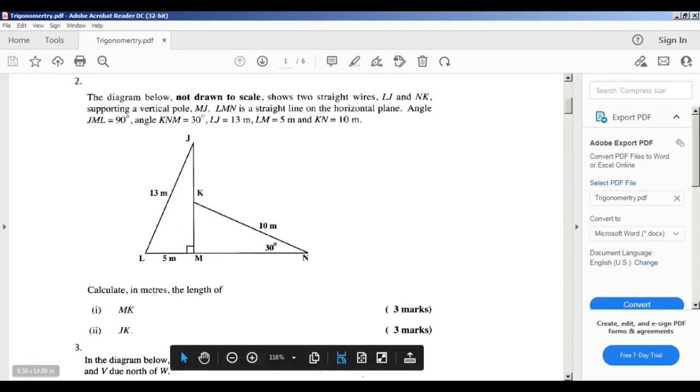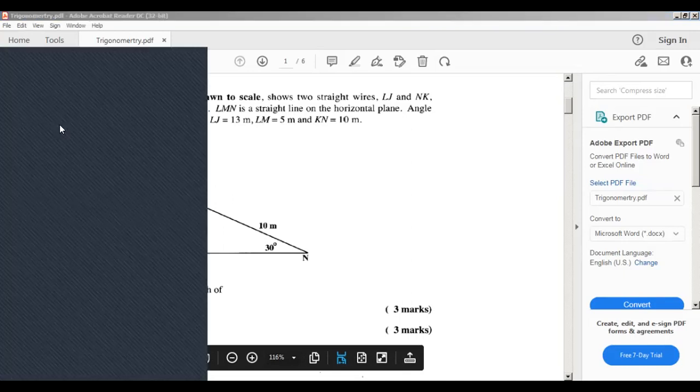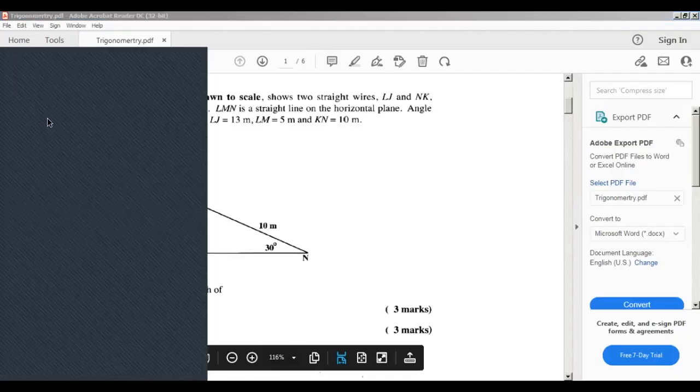Which group are you in? Saturday or Wednesday? Saturday. All right. Let me send the question to the group.